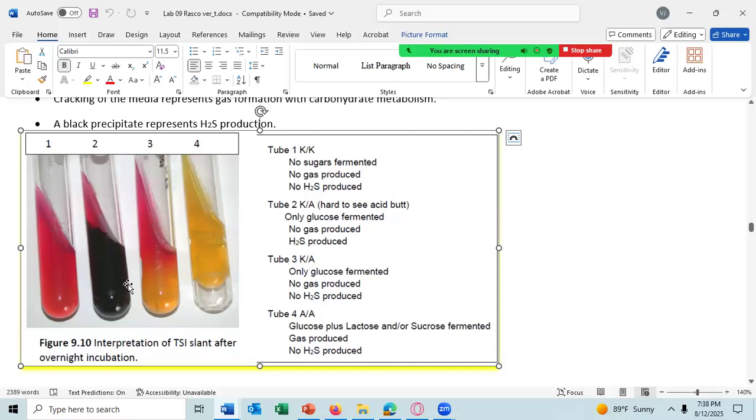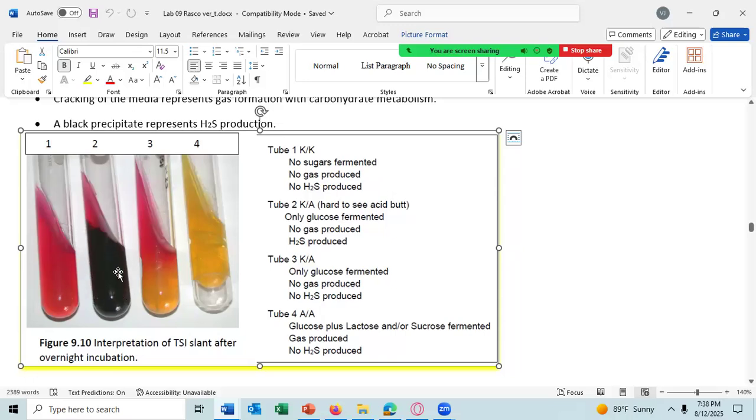And so there's no gas being produced in fermentation. But you know that fermentation is occurring because for black to happen, the tube has to be yellow, at least at the start. But the hydrogen sulfide will be hiding the yellow color.